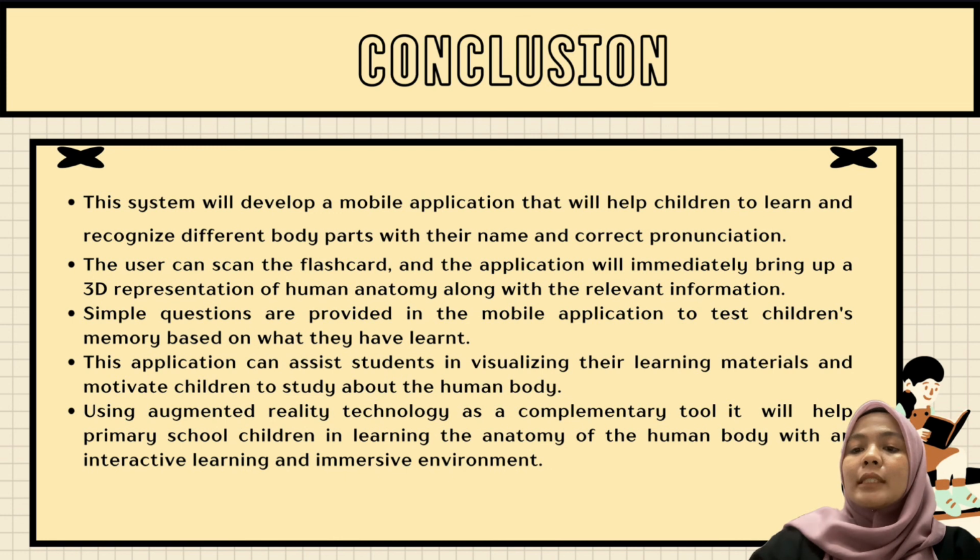This application can assist students in visualizing their learning material and motivate children to study the human body. Using augmented reality technology as a complementary tool, it will help primary school children in learning the anatomy of the human body with an interactive learning and immersive environment.